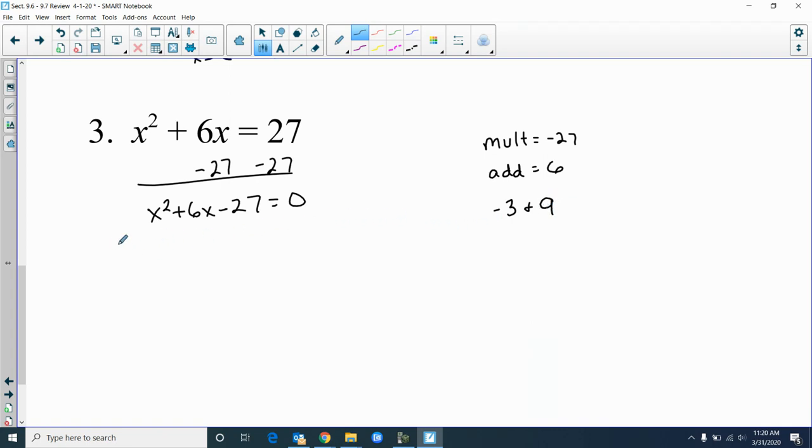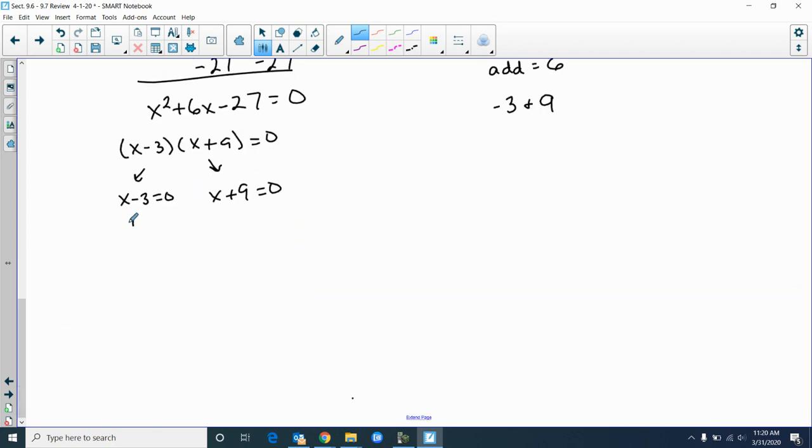Now, that means my two factors are x minus 3 times x plus 9 equals 0. I get x minus 3 equals 0 and x plus 9 equals 0.